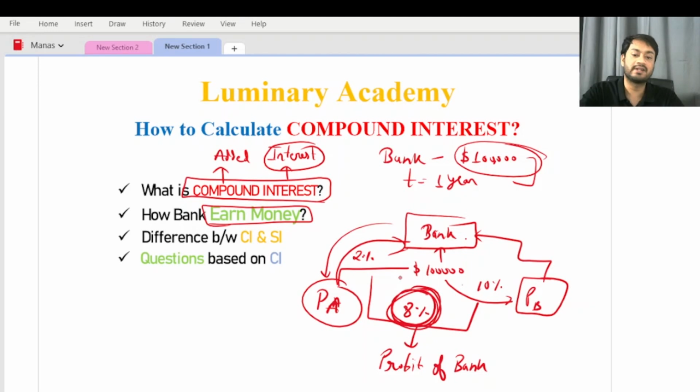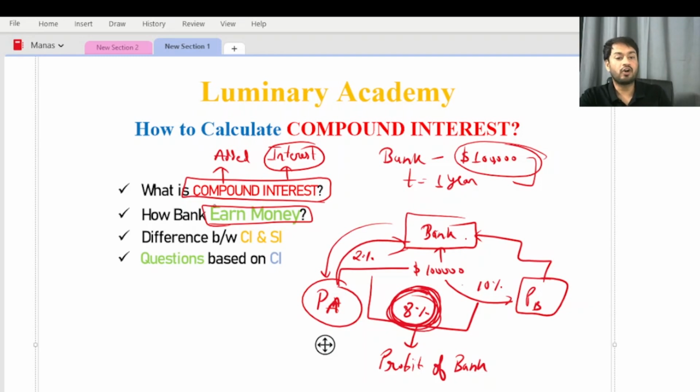The rent, the salaries of the employees, and any other expenditures of the bank are paid from this 8%. And just imagine how many people take loans. According to that the rate of interest is set, and they earn a lot of money. So that is how banks earn.